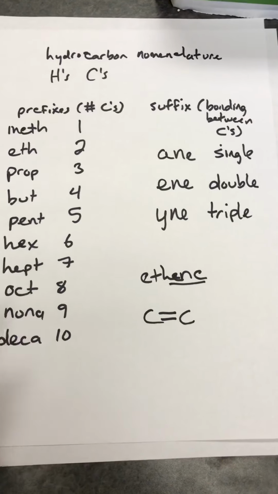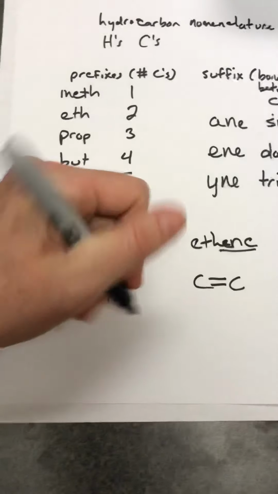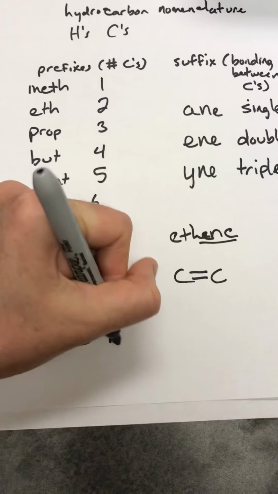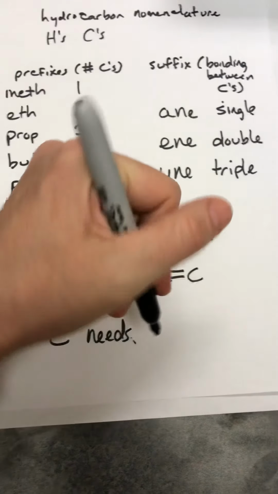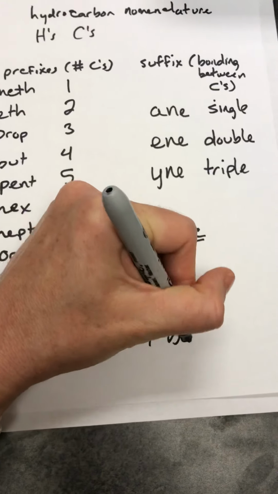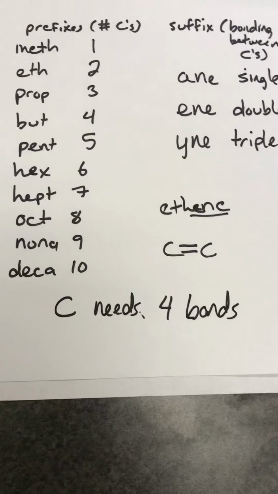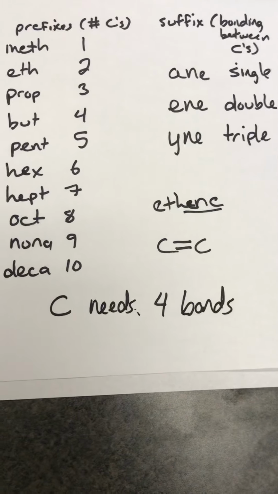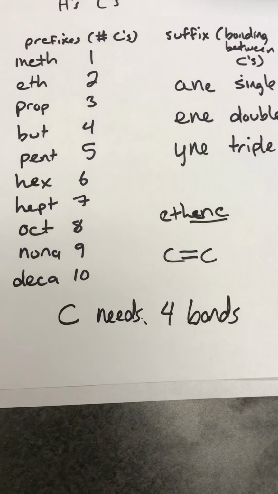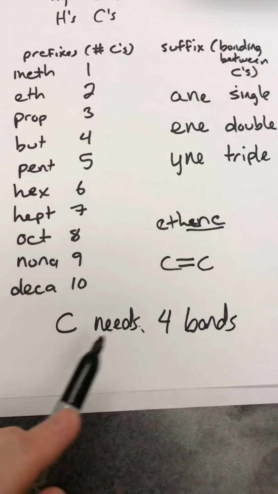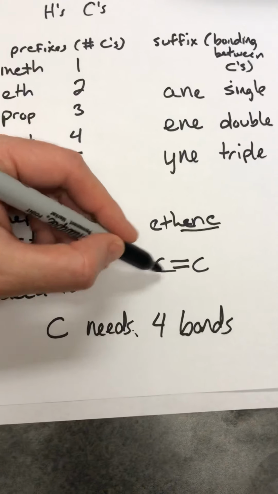The one main principle we have to understand throughout this entire thing is carbon needs 4 bonds. Of course, it just has to, to go with filling its valence electrons. It's in the 4th column, so it needs 4 additional electrons in order to have 8. But carbon always needs 4 bonds. So let's look at this particular carbon right here.